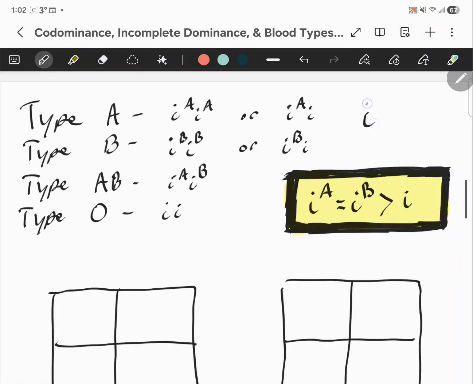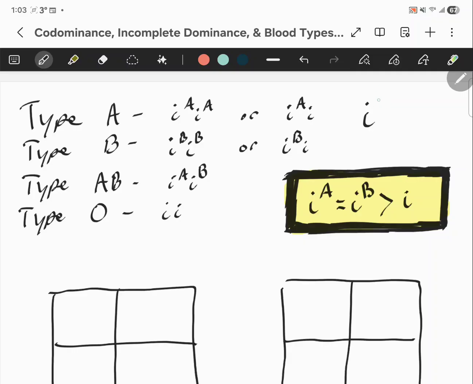Here, I stands for isoagglutinogen. Not important at all, actually.